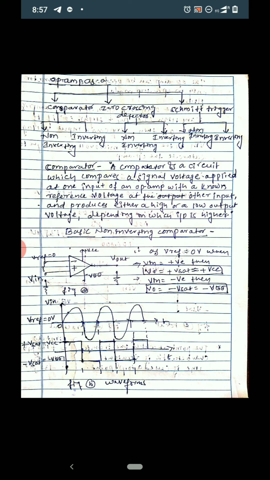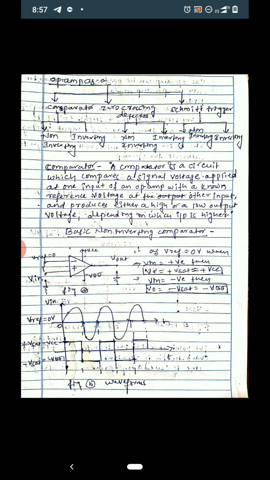Imagine you are giving the input, but at a particular point the output is going to be high, or at a particular point the output is getting low. The output is not varying according to the input linearly.